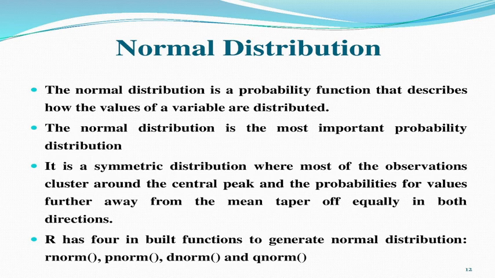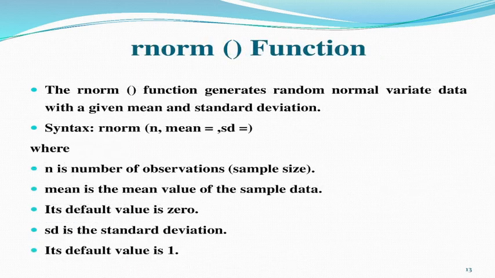R has four inbuilt functions to generate normal distribution. They are rnorm, qnorm, dnorm and pnorm. The rnorm function generates random normal variate data with a given mean and standard deviation.